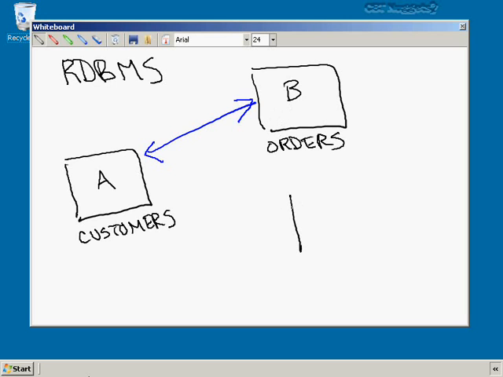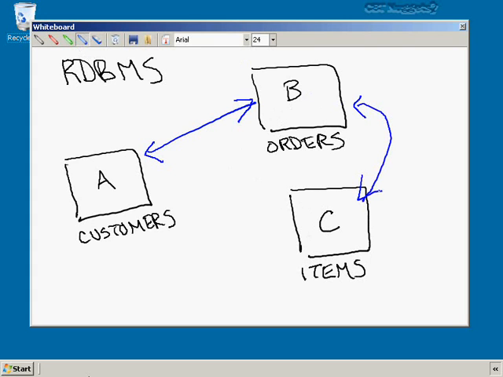Now, yet another table, C, might contain the items that a customer has ordered. So that is related to the orders table. And just as the orders table might contain the customer's ID, the items table might contain the order ID that the item went with. And so when you were looking up all the items that a particular customer ordered, you'd have to relate these three tables to one another.